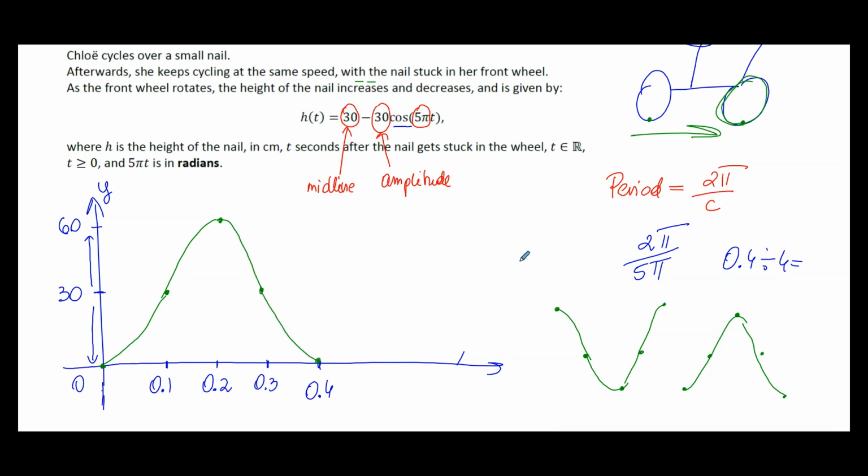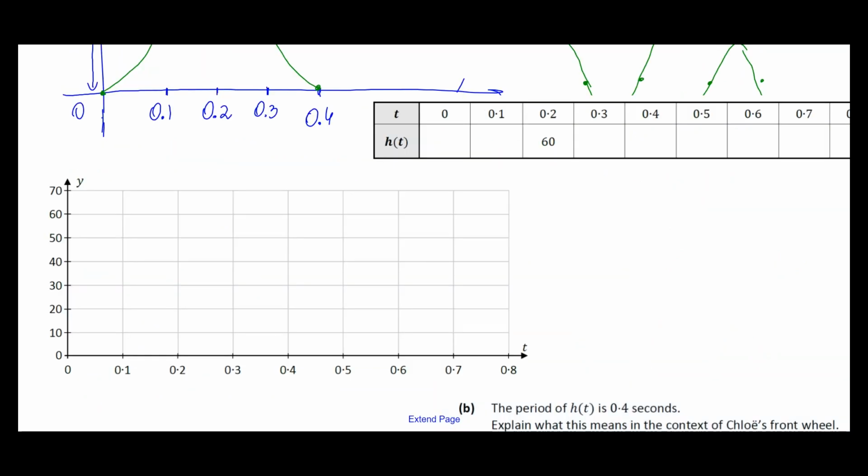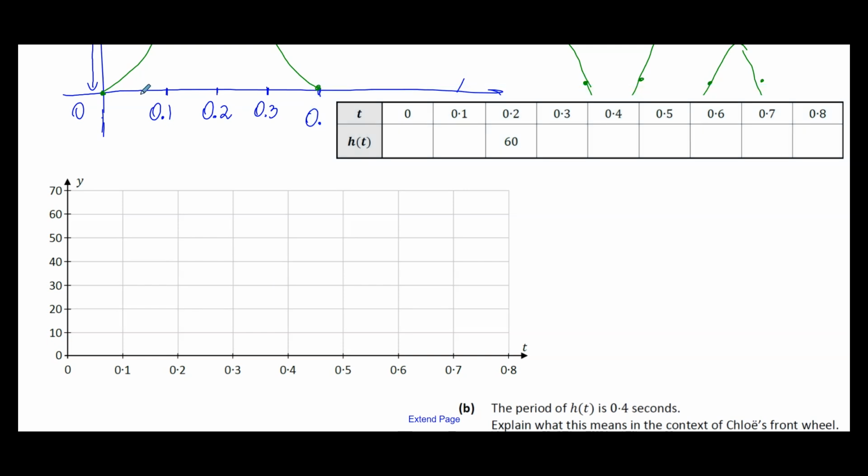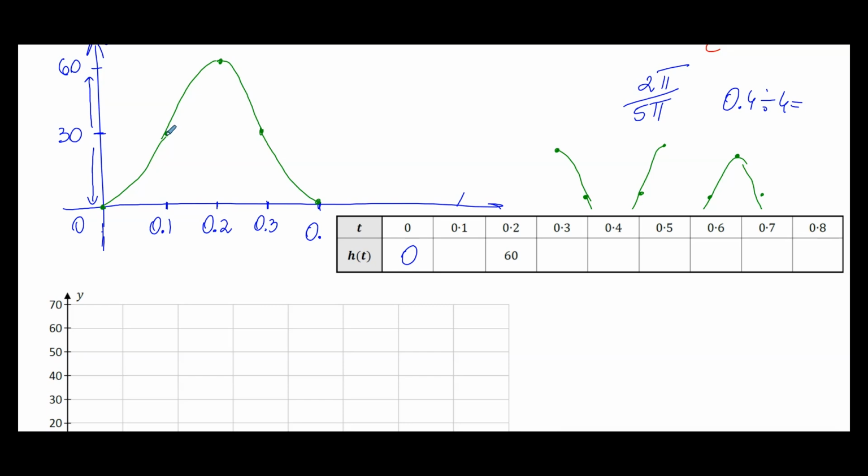Now, what we have in this question, the rest is the table and the graph. So let's get that. Okay, so that's our table. Oops, the table, I need to move it a little bit. So we have to do the table, do the graph, and we already know it starts at 0, at 0.1 we know that's going to be the midline. So that's going to be 30, at 0.2 that's the peak 60, at 0.3, 30 again, at 0.4, that's 0. And it keeps going, 30 again, middle, peak 60, then 30, and again 0.